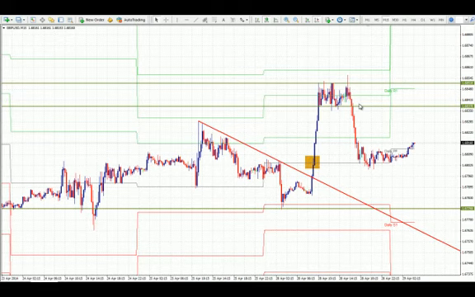If you really want to be aggressive, you could have entered here, but this week low, even though we went lower than these lows, didn't close below these lows. So for me, it's not a valid signal until we close below these lows.